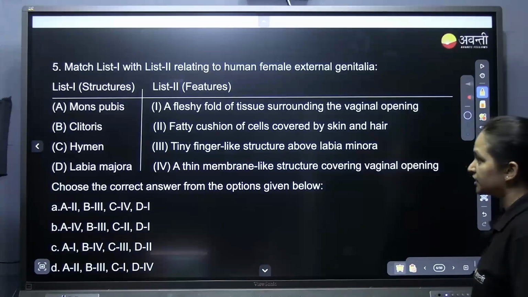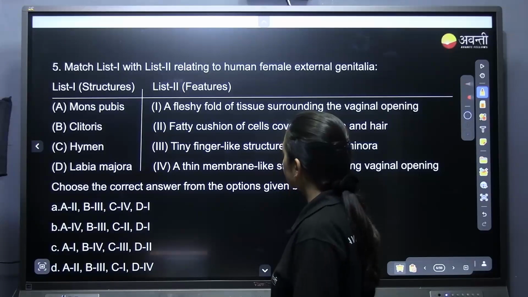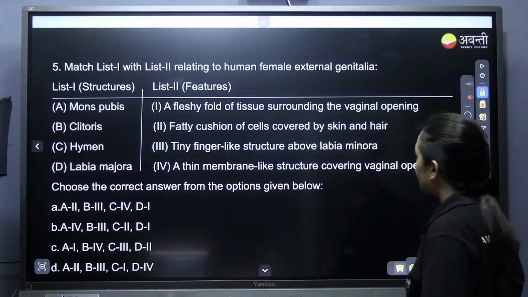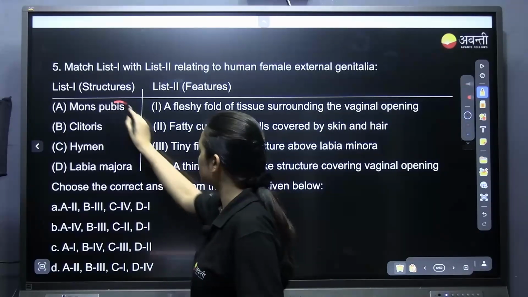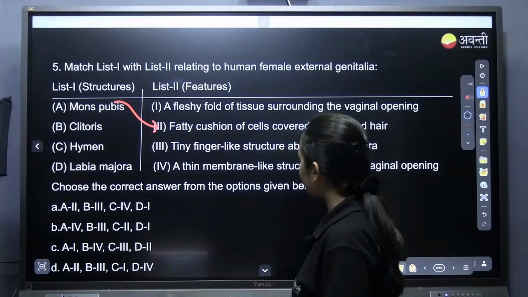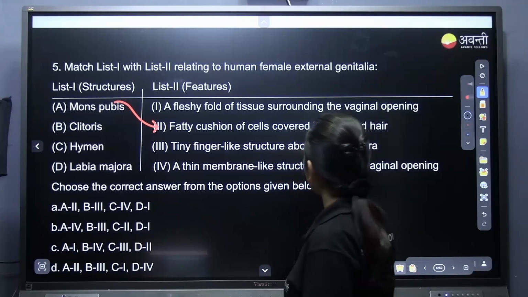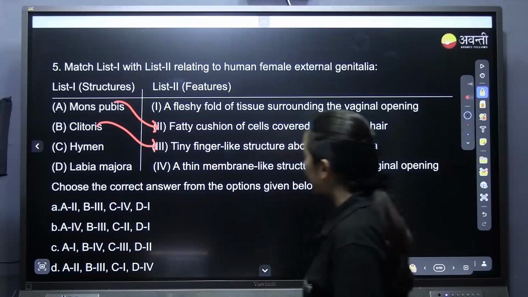Now match the list. What is mons pubis? Mons pubis is a fatty cushion of cells covered by skin and hair. What is clitoris? Clitoris is a tiny finger-like structure above the labia minora. What is hymen?